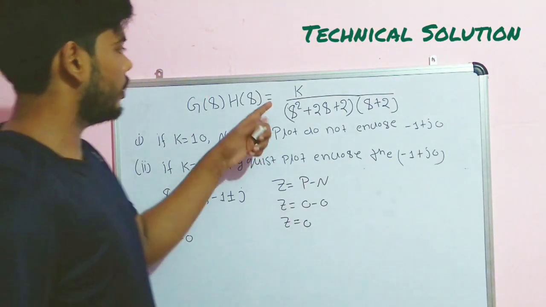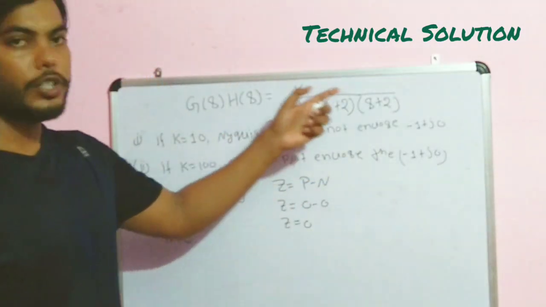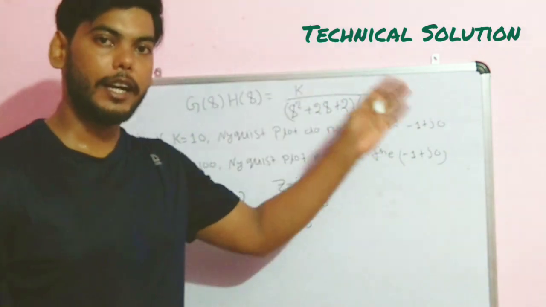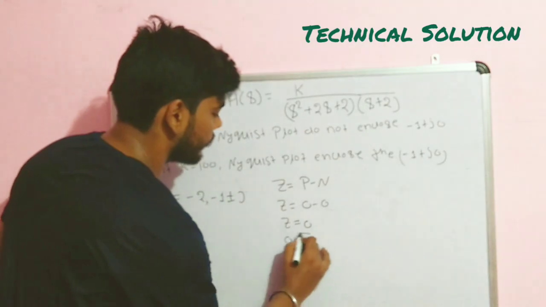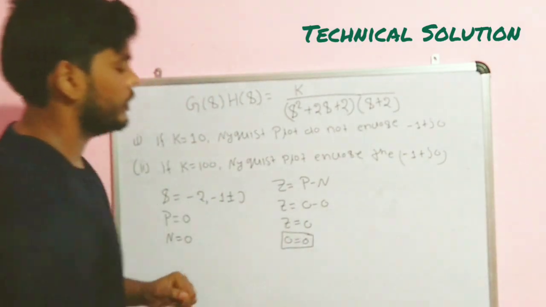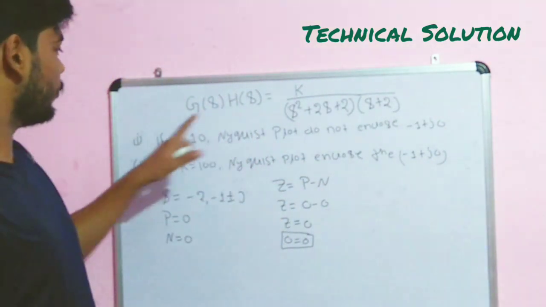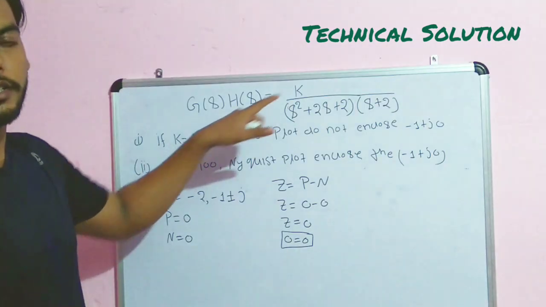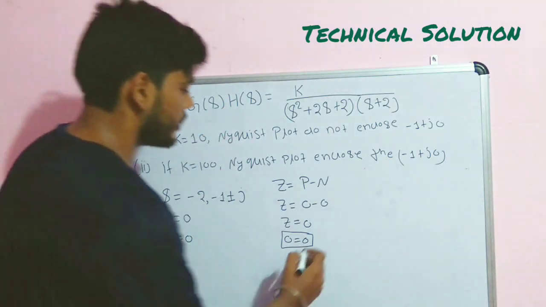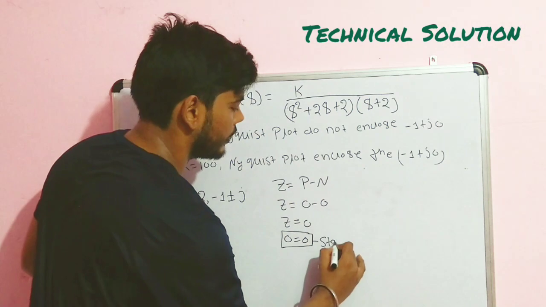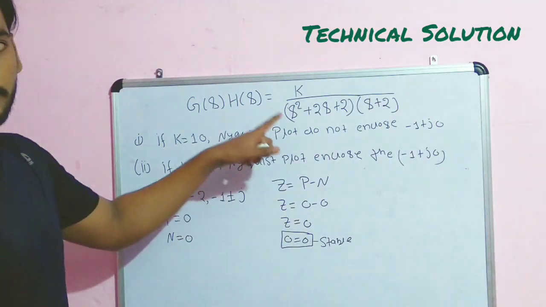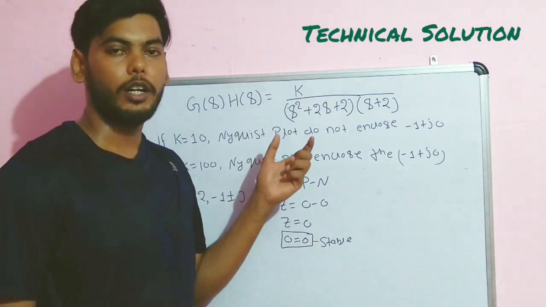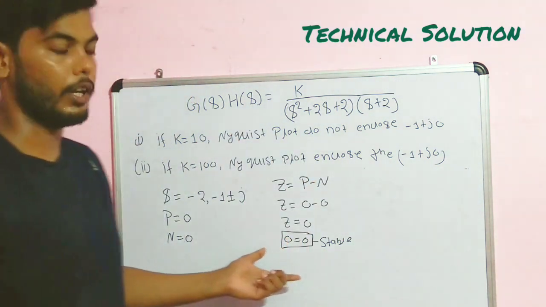And the number of zeros on the right side of the S plane is also 0. So the condition is satisfied. So for K equal to 10, the system is stable.